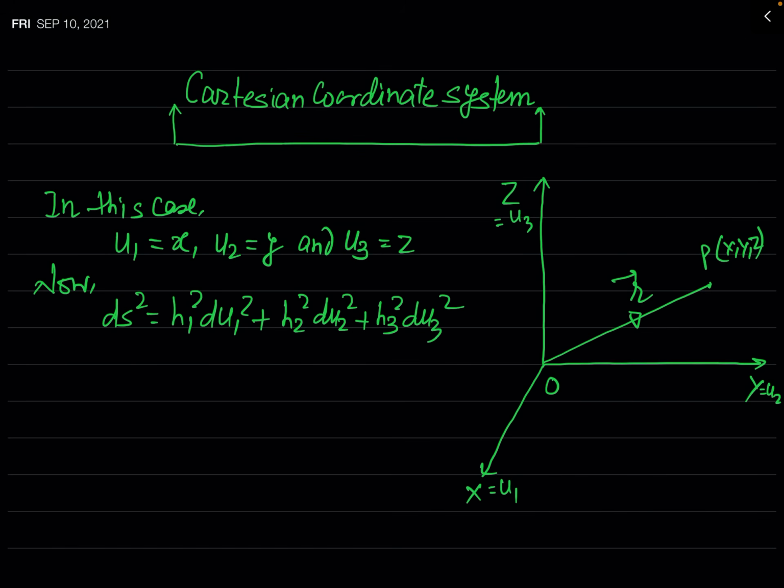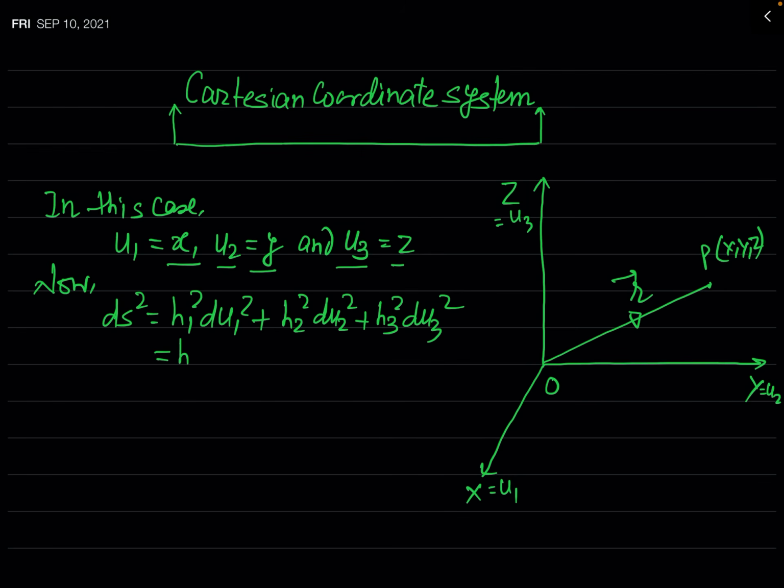But as you can see, u1 is equal to x, so du1 will be dx, and u2 is equal to y, so du2 will be dy, and du3 is equal to dz. So let us replace du1, du2 and du3 by dx, dy and dz.